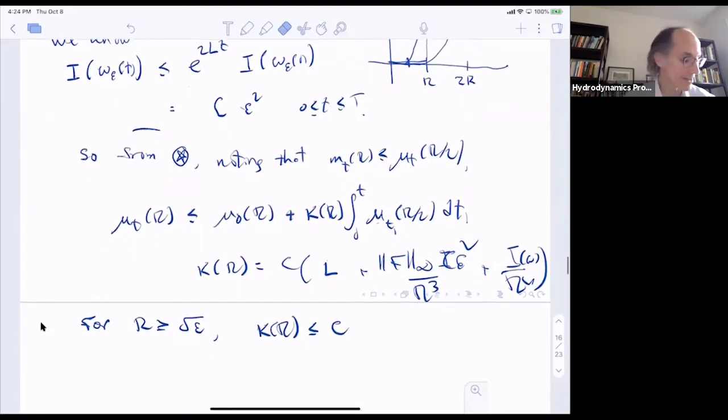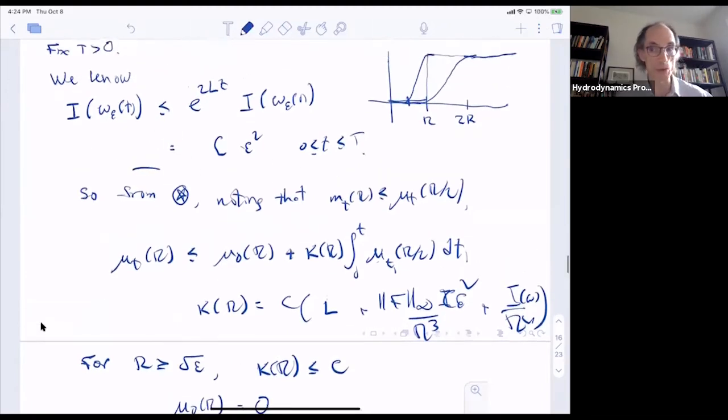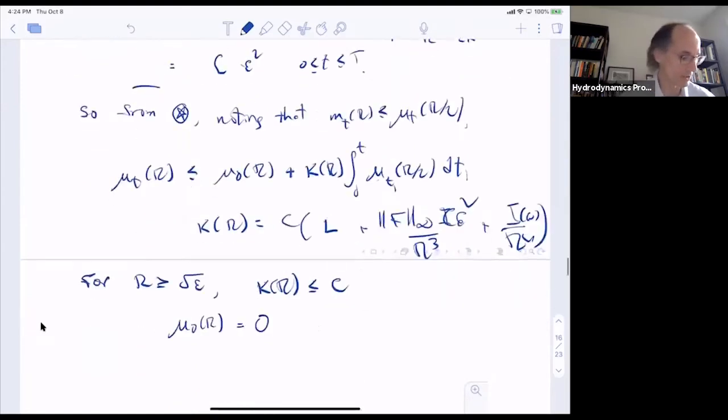Another good thing is that the initial mu_0 of r is 0, because we're looking at the vorticity outside the ball of radius r greater than the square root of epsilon. But we know that initially the vorticity is contained in a ball of radius epsilon around the center of vorticity, and so this for sure is 0.